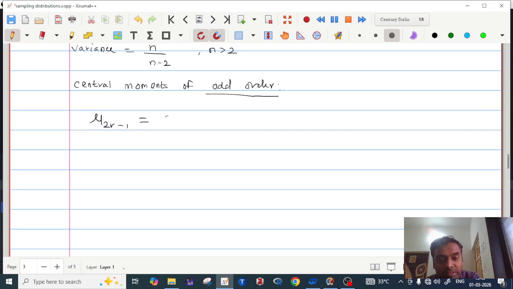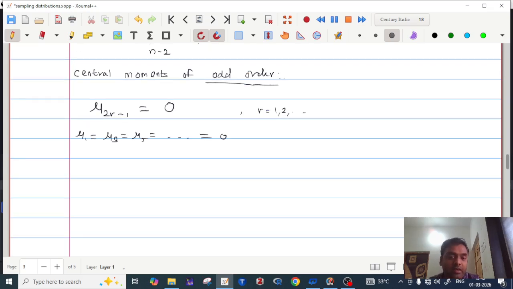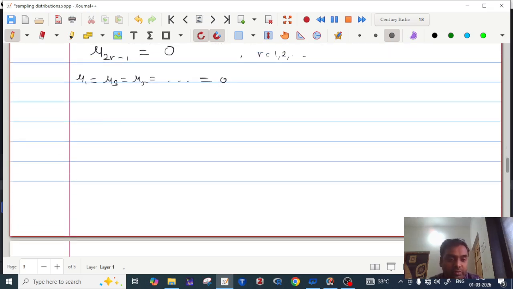Mu 2r minus 1 is 0 as the distribution is symmetric. Therefore mu 1, mu 3, mu 5, all odd order central moments of the t distribution are 0.